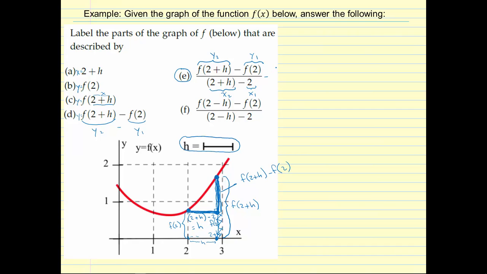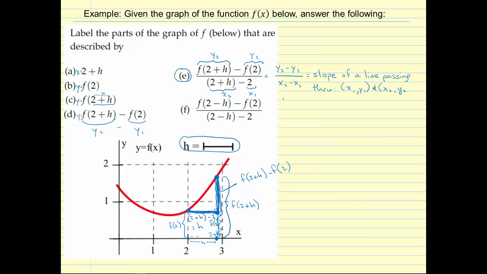So what we have here is basically an expression which looks like it's in the form y2 minus y1 over x2 minus x1. And this is in general the formula for the slope of a line passing through 2 points, namely x1, y1, and x2, y2.